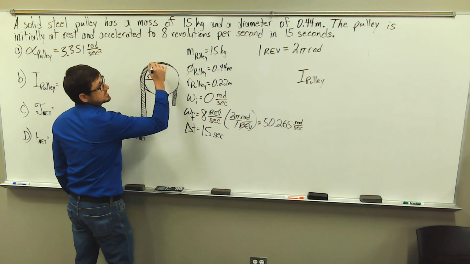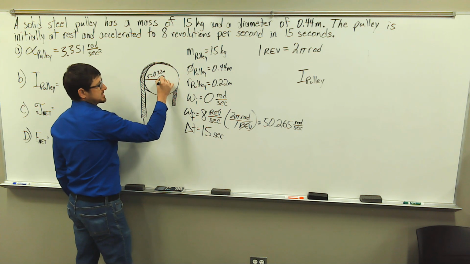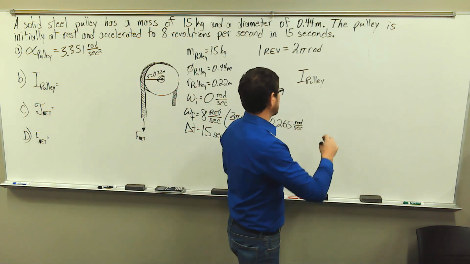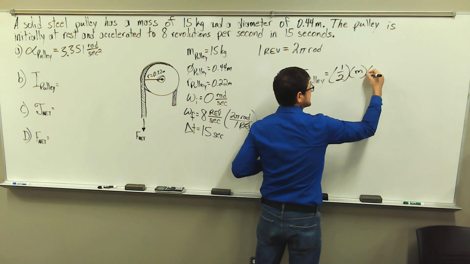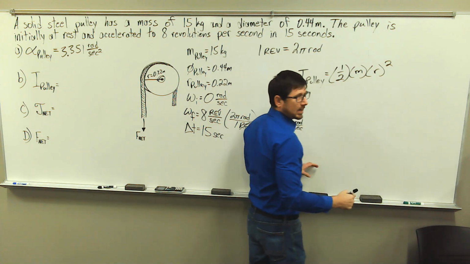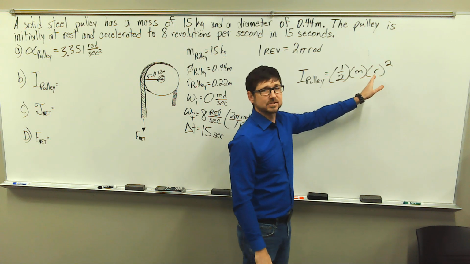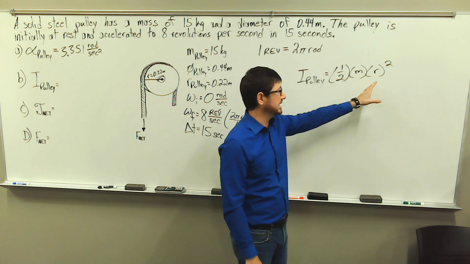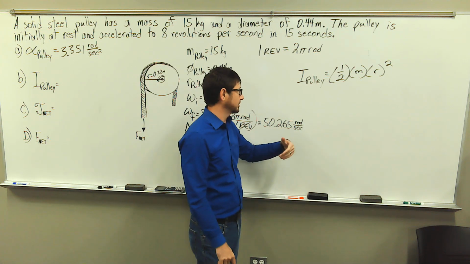So our radius is 0.22 meters, and here is our axis of rotation. So for this type of geometry, we're going to have 1/2 times the mass times the radius squared. And remember, for rotational moment of inertia, the distribution of the mass with respect to the axis of rotation is actually more important than the mass itself, okay?